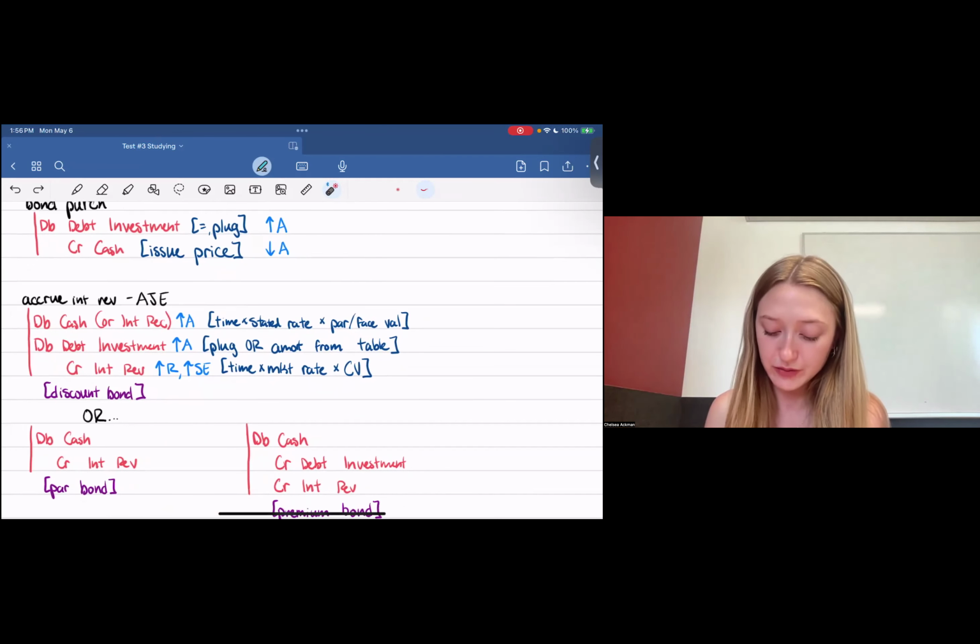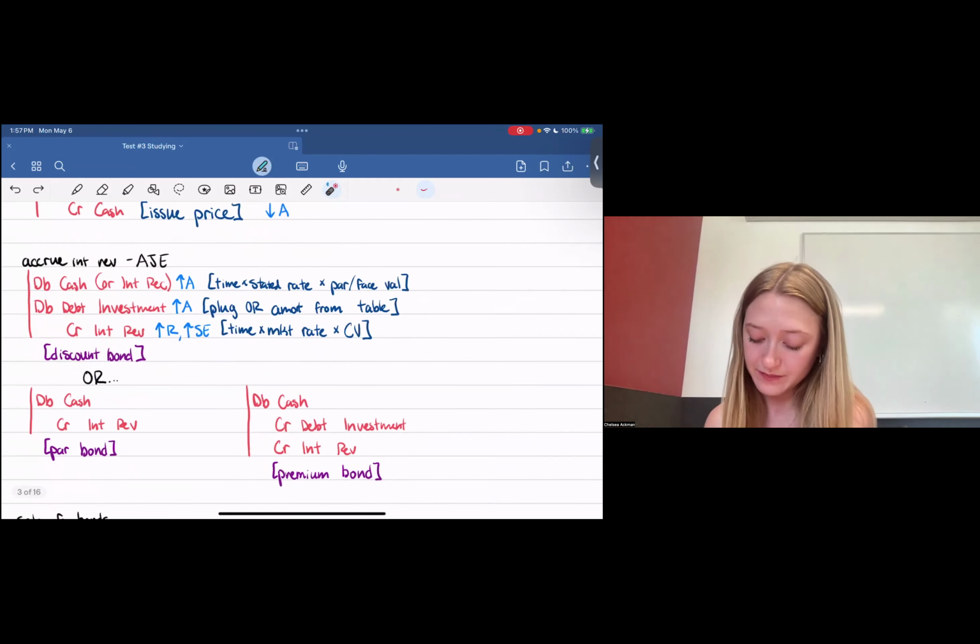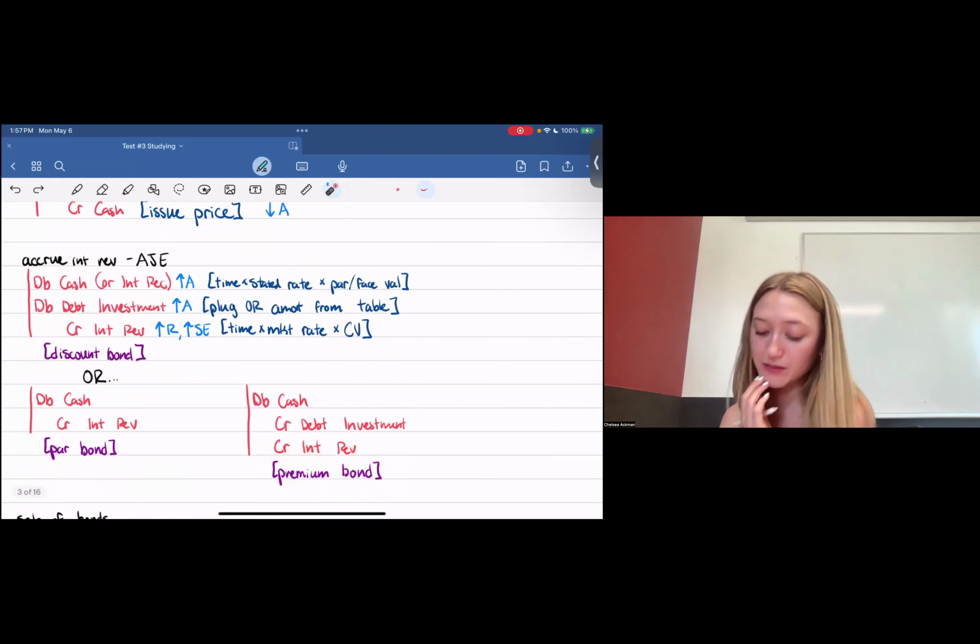For interest revenue, you debit cash, debit your debt investment, and credit interest revenue. Interest revenue is obviously the revenue, which makes sense why you would credit it. Debt investment is going up if it's a discount bond, going down if it's a premium bond, hence the credit to debt investment here.